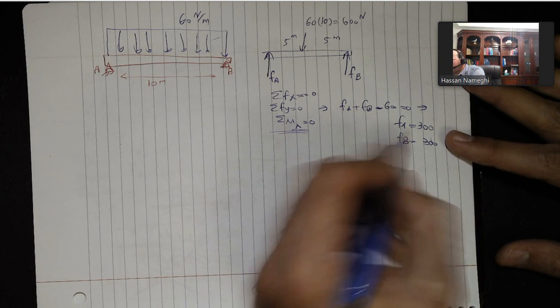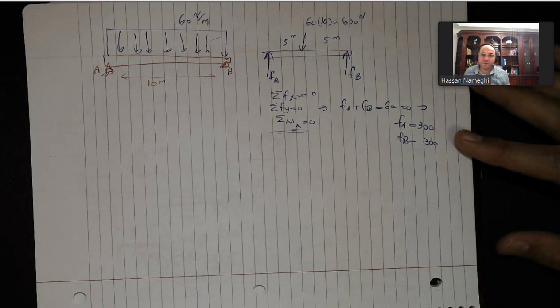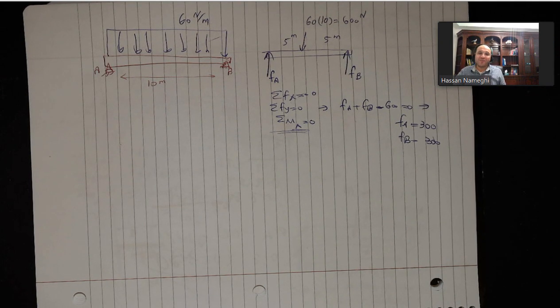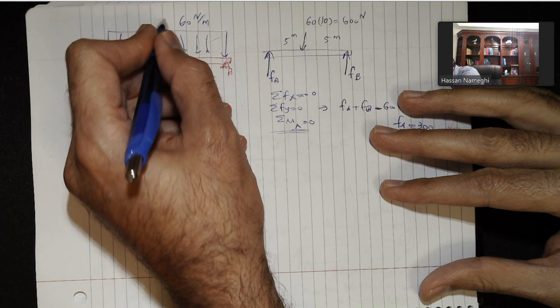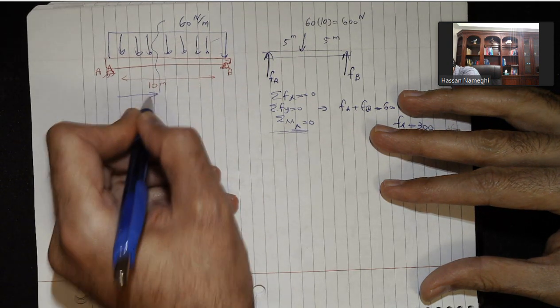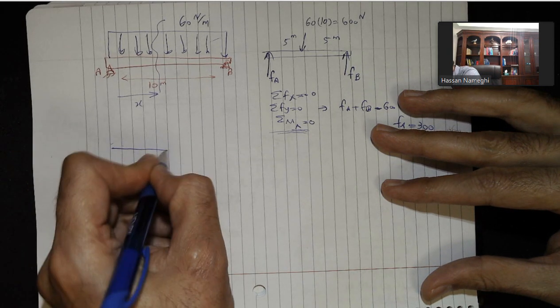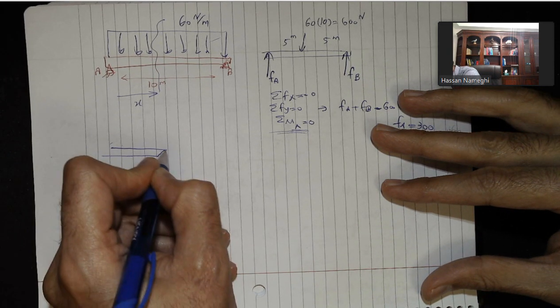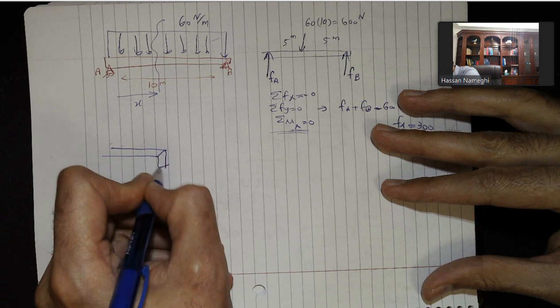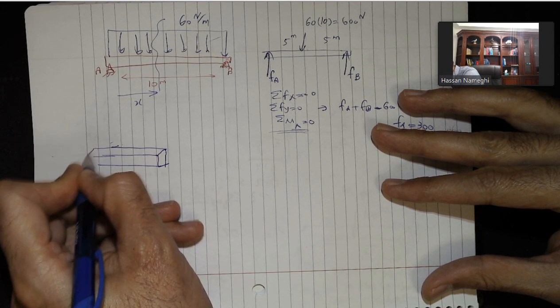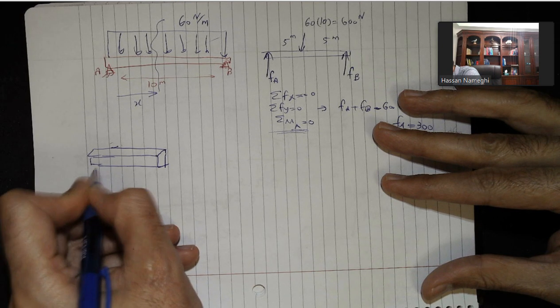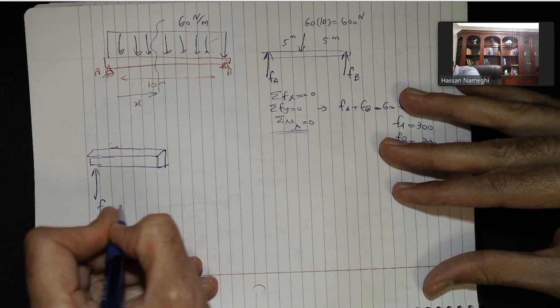After I found FA and FB, I'm going to go back to drawing my diagrams. This time, because I have a uniform load, this has helped me. I just need to do one cut at the distance x, and I can set up my equations easily. So I'm going to do a cut at the distance x here. If I do a cut at distance x, I'm going to have something like this. I have the force at A, which is equal to 300 here.